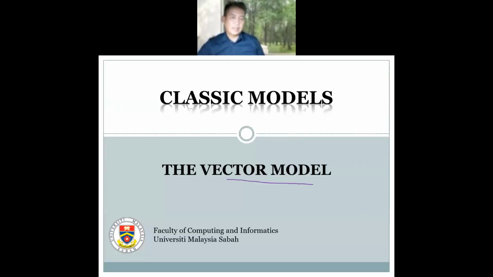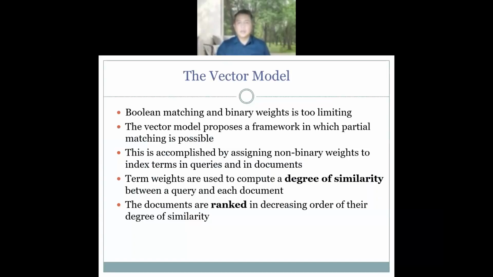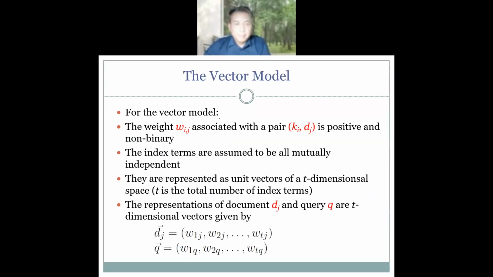That's why they call it the vector model. So from the term weighting model to the vector model, we will be using the term weighting. So we will use the same concept here. This is the weightage for keyword i in document j.